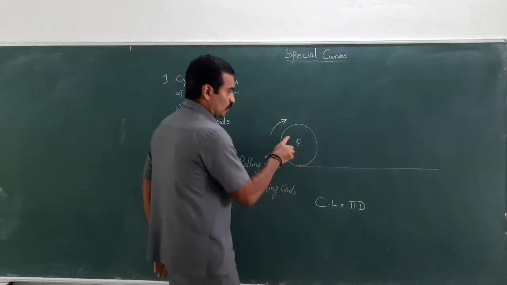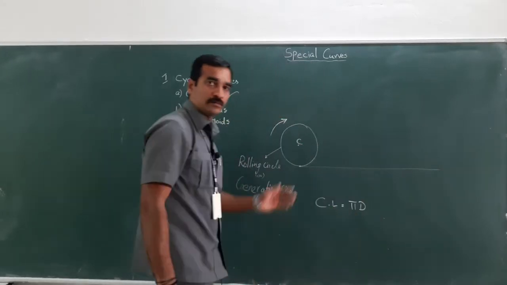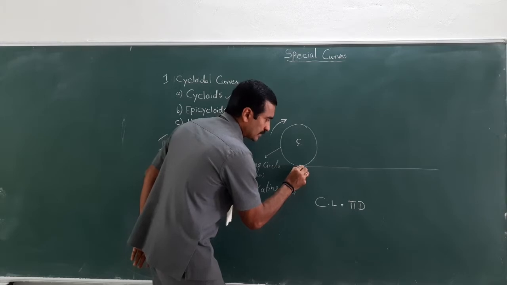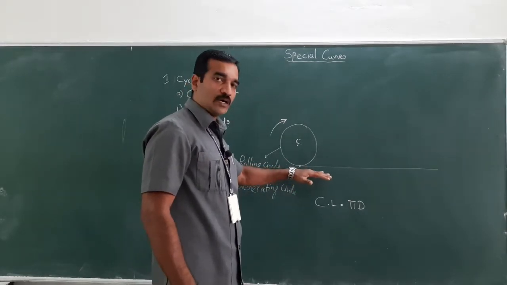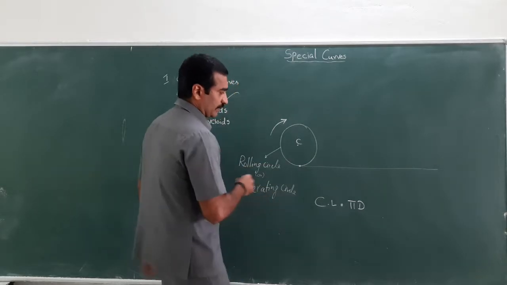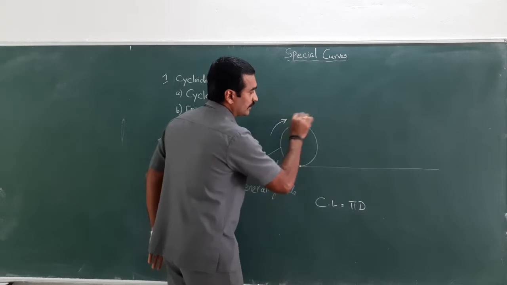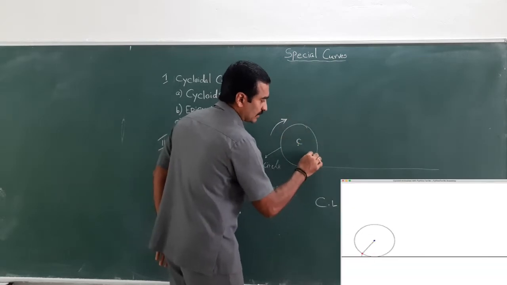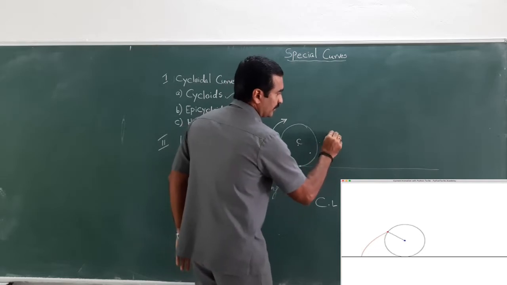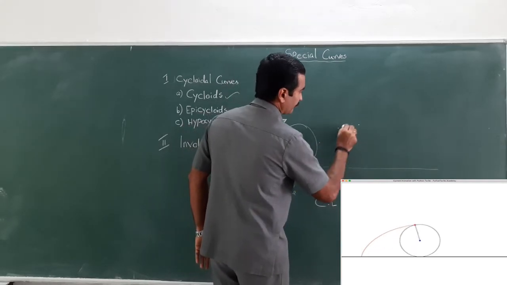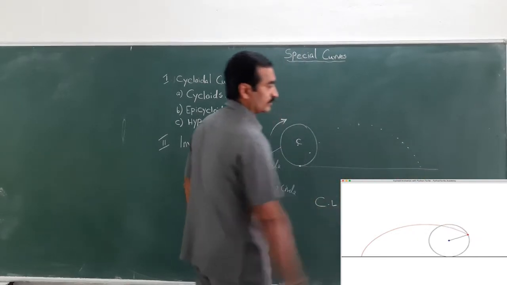When this particular rolling circle starts rolling on the straight line, right, this is the point which is now touching the horizontal table or the straight line. When it starts rotating, this point comes here, and when it rotates further, it leaves a trace to complete here, right.